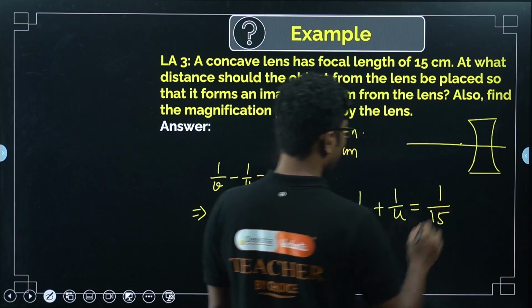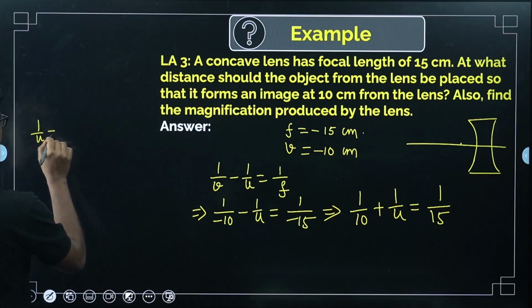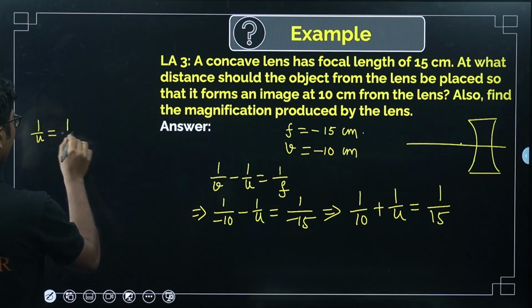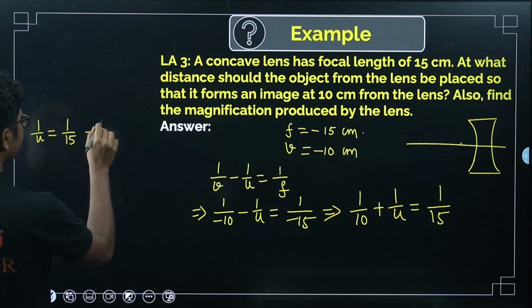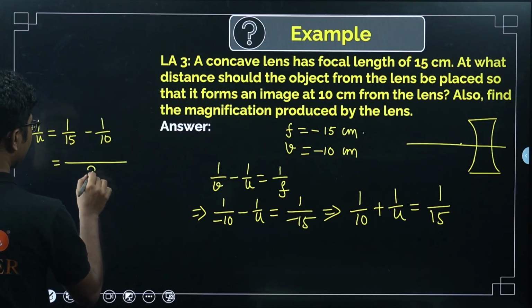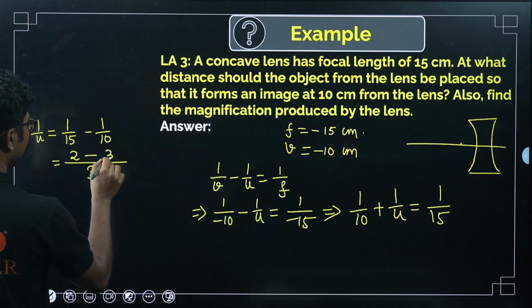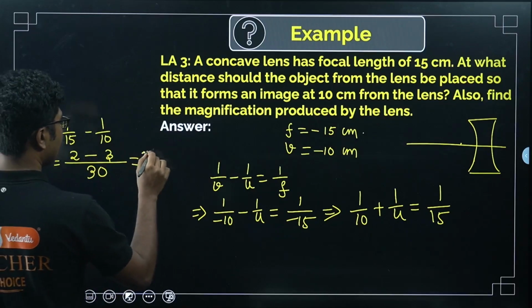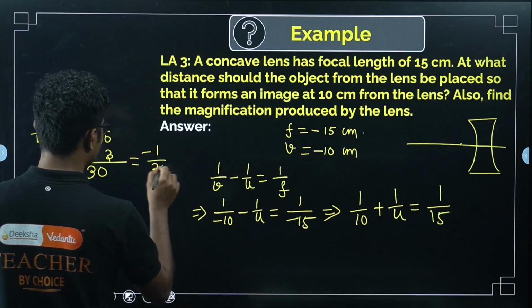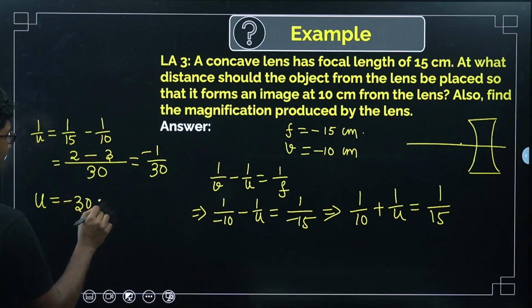Now let us calculate 1 by u. So 1 by u is equal to 1 by 15 minus 1 by 10. Now what is the LCM? LCM is 30, so this will be minus 1 by 30. So u should be minus 30 centimeter.